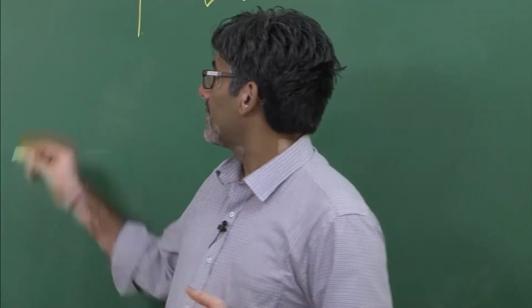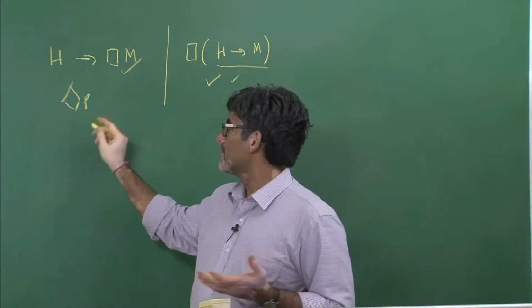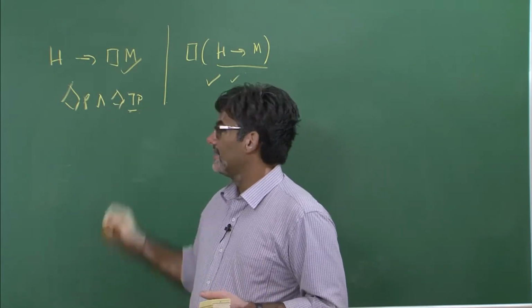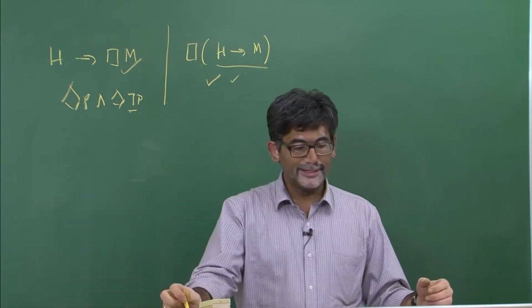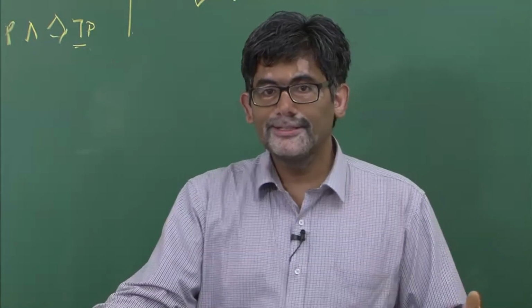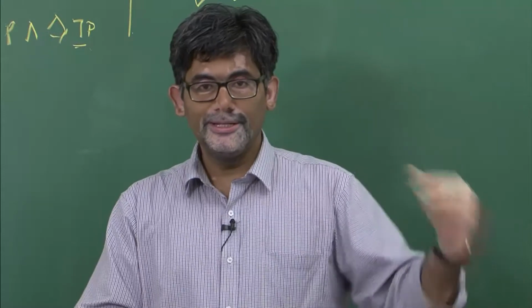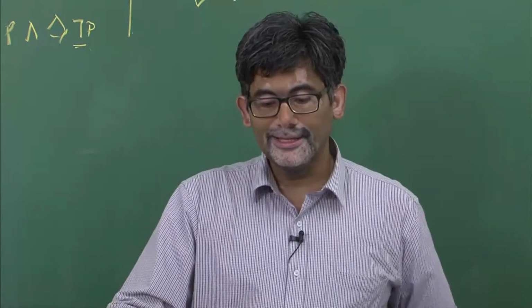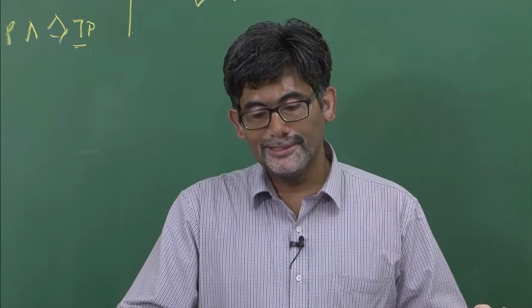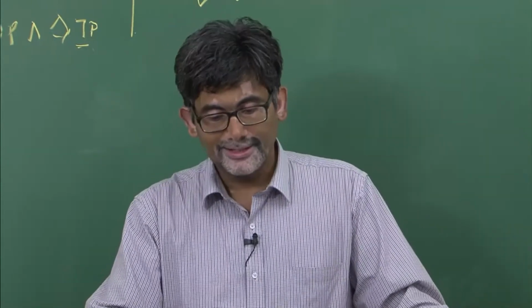That is translated as possibility of P. When you say possibility of P, it is also possible that it is not P. When you booked your ticket, obviously you will be hoping that you will be in your native place, but some other thing might happen, some other commitment, or the train is cancelled or something else happens, then you will not be in your native place. That means if you say that it is possible that P, there will always be the case that there is also something which is not P.